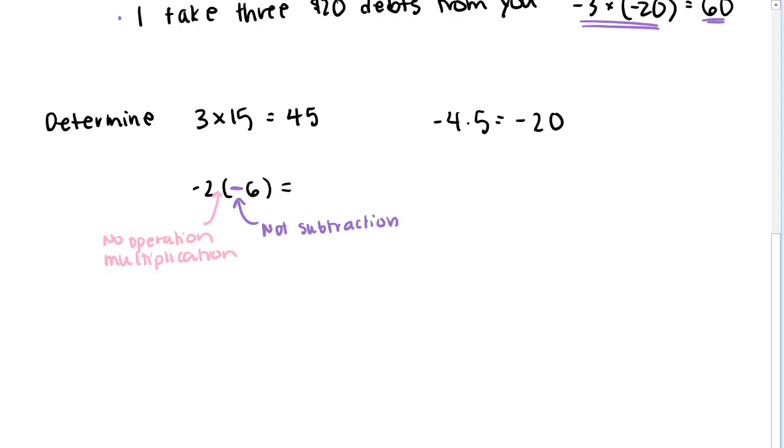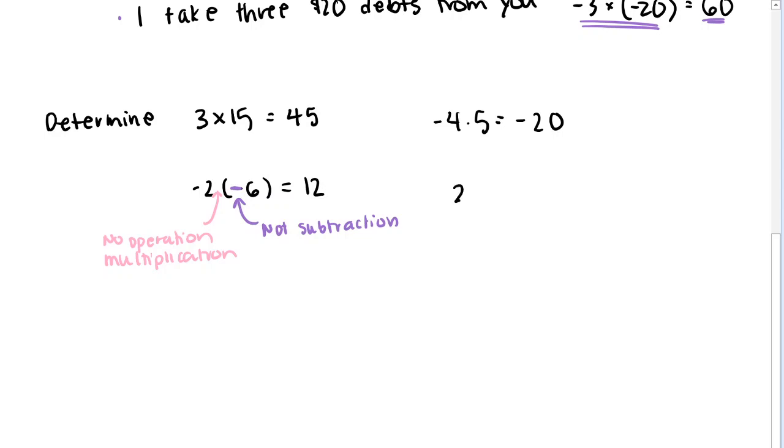We're taking negative 2, and there's no operation between these two numbers, so we multiply them. And so we're multiplying negative 2 and negative 6. There's no subtraction here. How do I multiply these two numbers? Well, the two signs are the same. It's a negative and a negative. And so this is going to give us a positive result. Positive 2 times 6, that's positive 12.